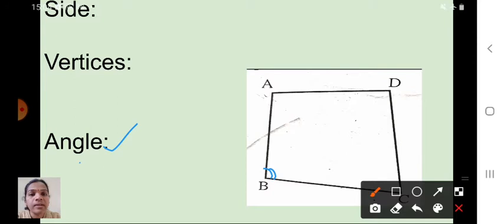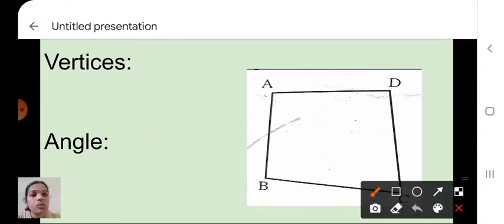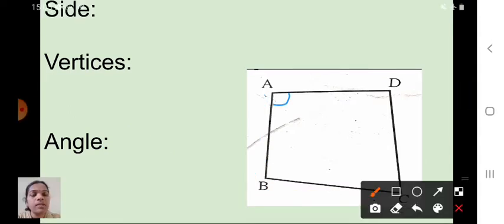Measurement of angle ABC. That means measurement of angle ABC is this one, so I am mentioning angle B. And if I have to mention angle A?